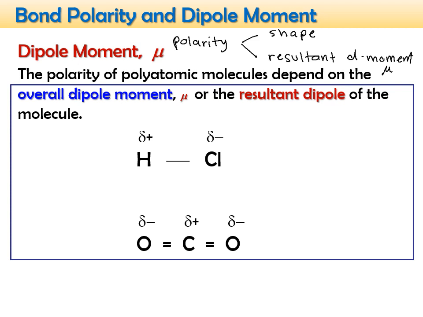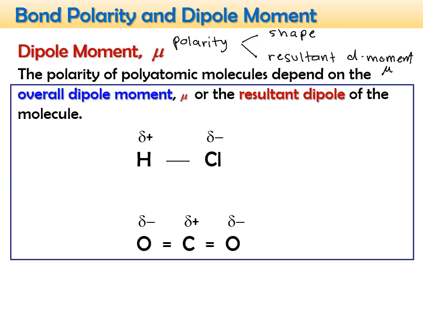First, let's have a look at the resultant dipole moment for the molecule HCl. If you have this molecule, draw out the correct Lewis structure, and if it is two atoms, you can straight away determine the polarity.